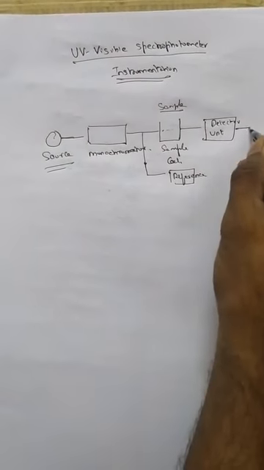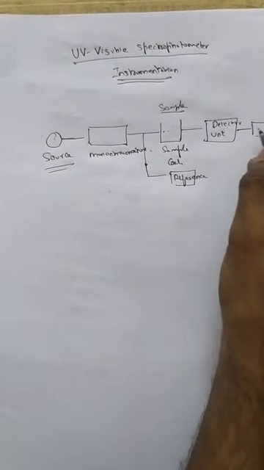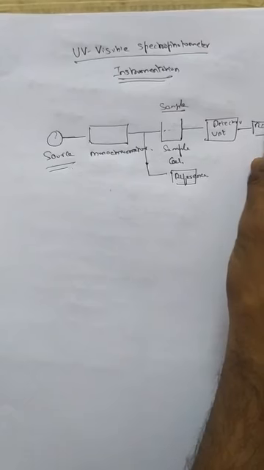After it goes into the solution, after absorption, the light will have an intensity of I. So log I naught by I will give you the absorption. So absorption can be detected, and from the detector unit, the signals are recorded. The last part is the recorder.